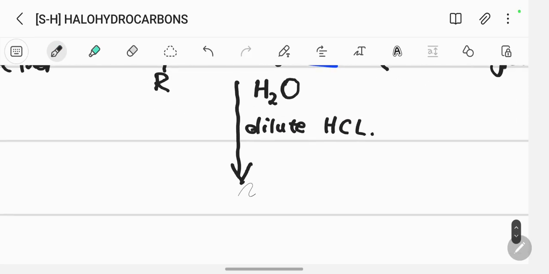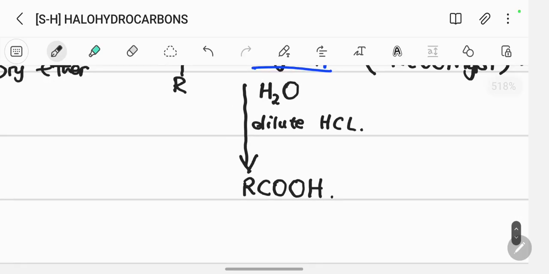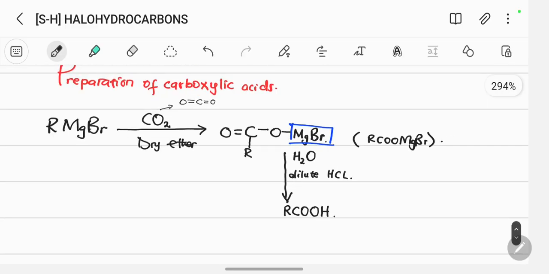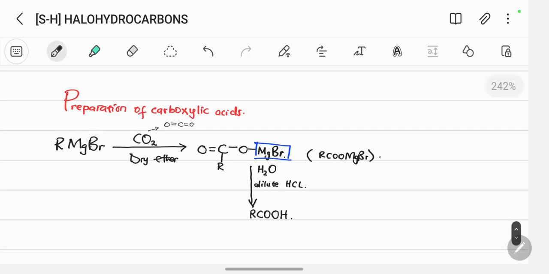So it's going to be R C O O H, like that. So there we've prepared the carboxylic acid. So we are done with Grignard's reactions.